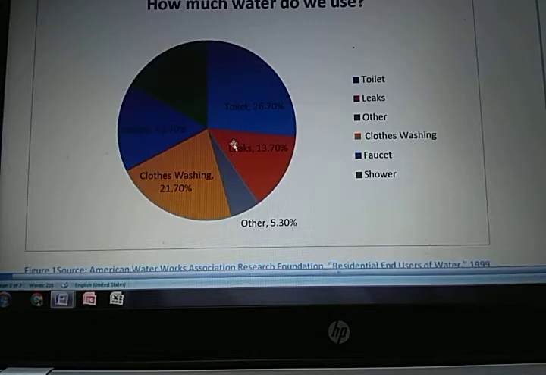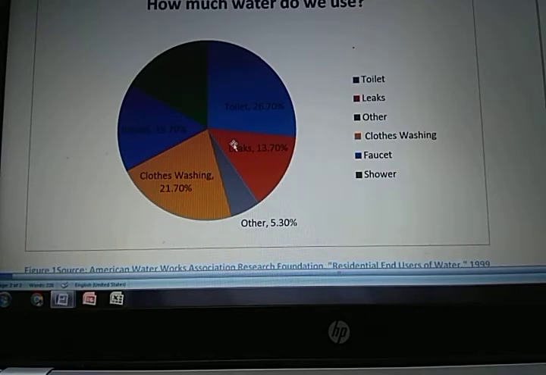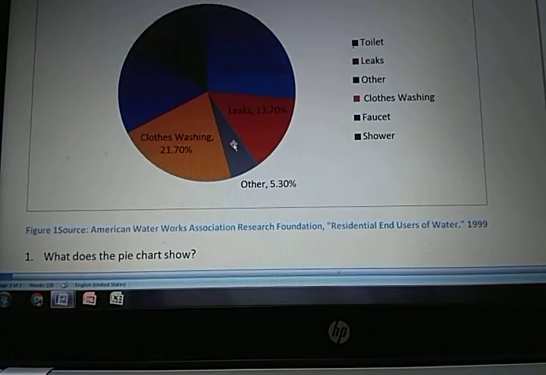For faucet 15.7%, and for shower we use 16.8%. This is the data given with the help of a pie diagram. And next, figure, source: American Water Works Association Research Foundation, residential end users of water, 1999. Each and everything that is given in the pie diagram, you should check, and then you should go for the questions.